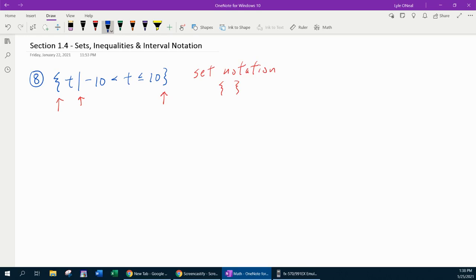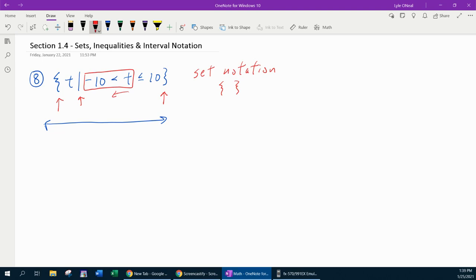Now, the easiest way to do that, in my opinion, is to sketch on a number line what this notation tells us. If we break it down into pieces, and again reading this backwards, it says t is greater than negative 10.